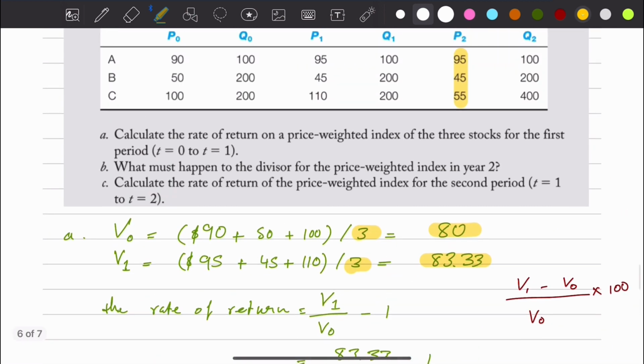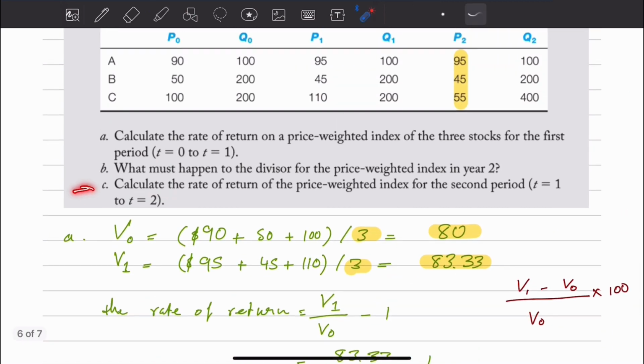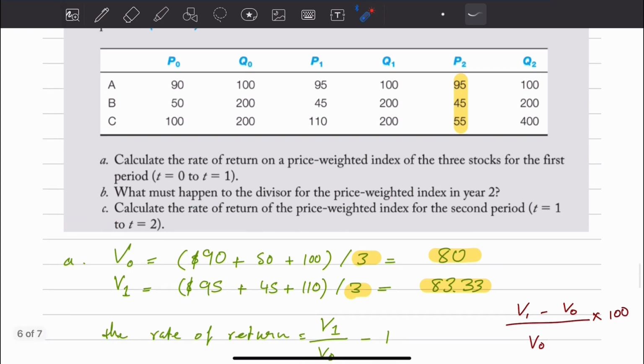Okay, last part, part C, says calculate the rate of return of the price-weighted index for the second period, so from time equals 1 to time equals 2. We can run the numbers here, but as you can see, nothing has really changed.